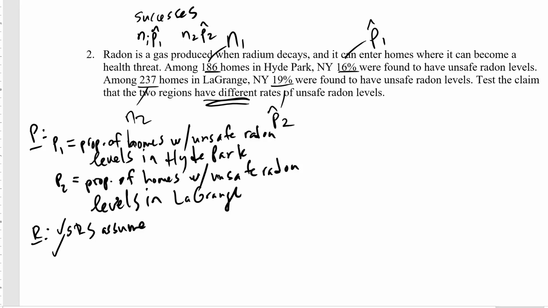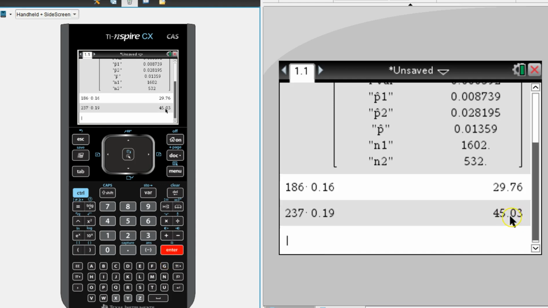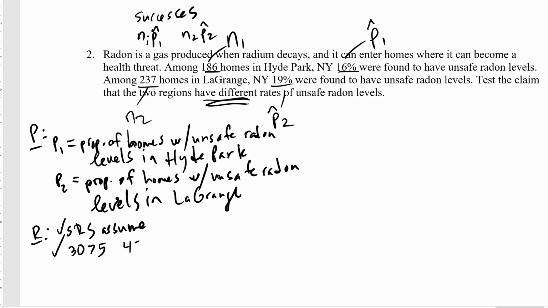We would say that is 30, which is greater than 5. The other, 19% of 237, we get 45.03 homes, so probably closer to 45. And this is the number of successes, greater than 5.